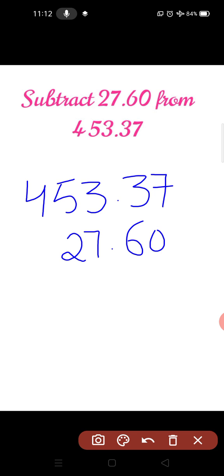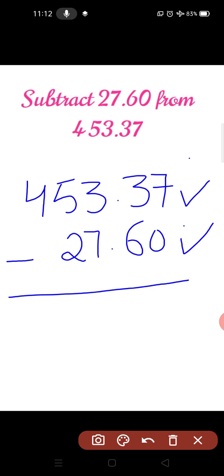Now these two numbers are like decimals because you have the same number of digits after the decimal point. Here 2 digits, here also 2 digits. Now we can subtract the two numbers as usual numbers.